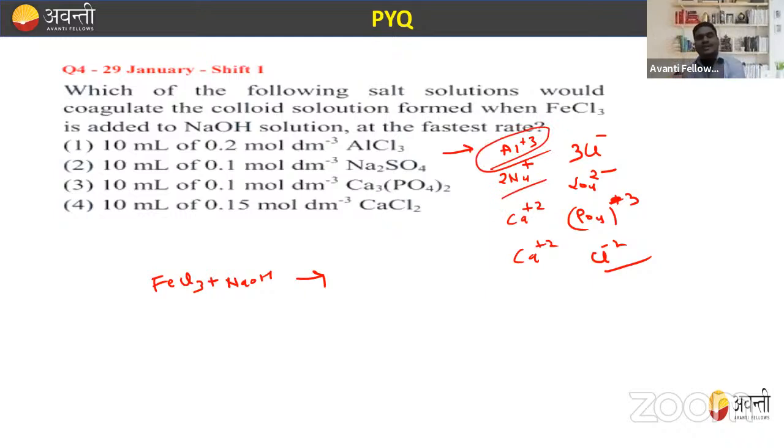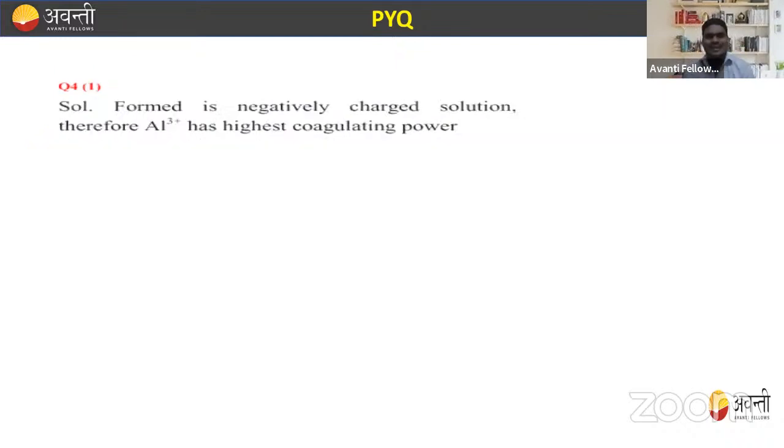Since the solution is negatively charged, we use the cation with the highest charge, that is aluminium, with +3. So the correct option for this question is A, and this is called the Hardy-Schulze rule.